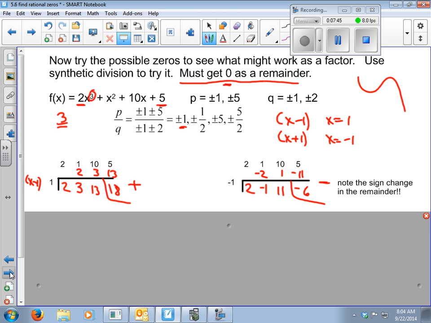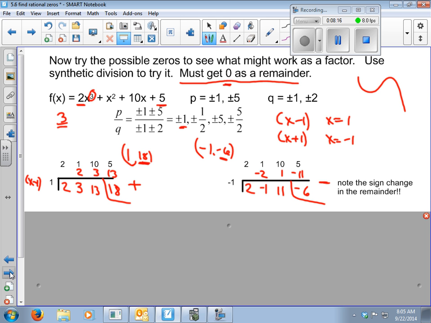So I'm trying to figure out where my solutions could be 0. If I let x equal 1 or x equal -1 and look at these ordered pairs, 1, 18, if I could graph that, versus -1, -6, these two ordered pairs are on opposite sides of the axis. This one is way up high, this one is way down low. So someplace in there my curve actually has to cross. That crossing point will be my solution.